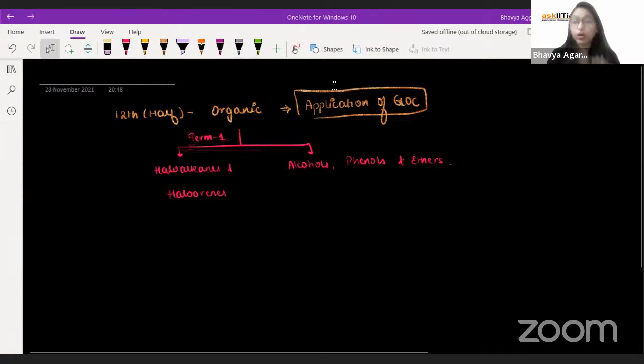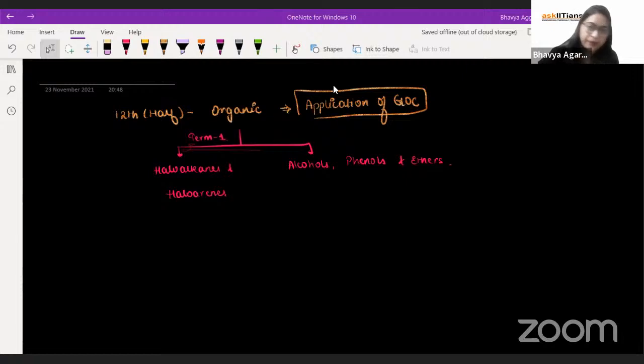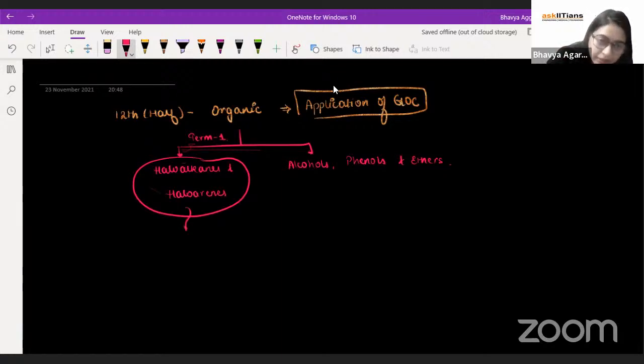Now, if I talk with respect to JEE, in JEE, that is your IIT examinations, this chapter has a weightage of nearly 1 question per paper for Mains.